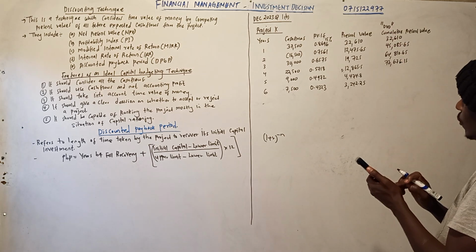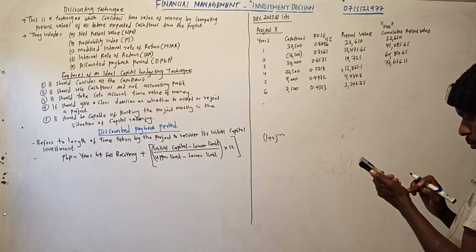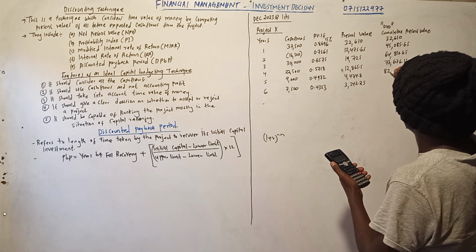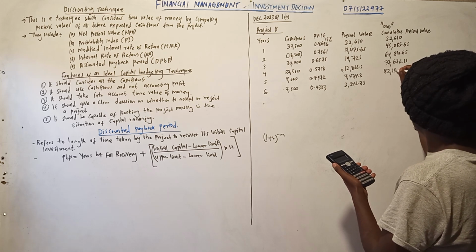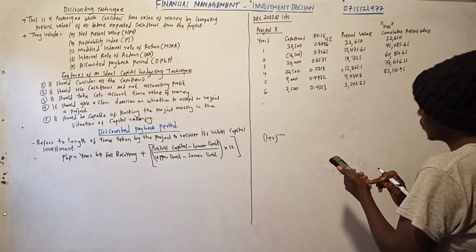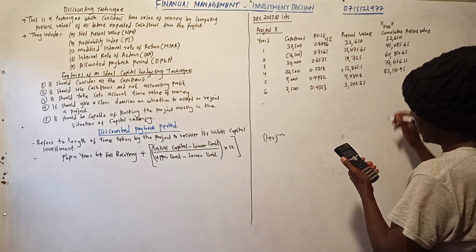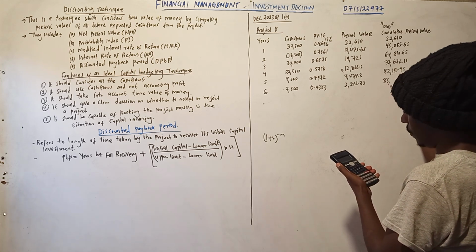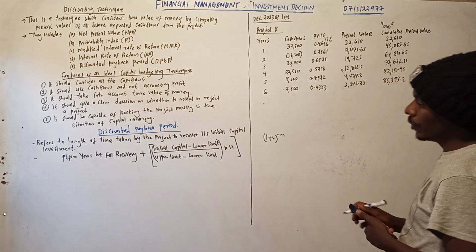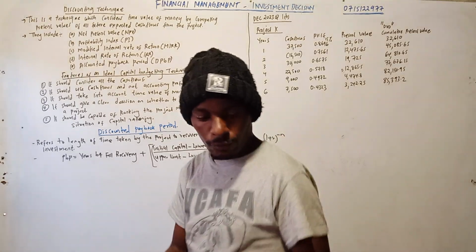Plus 4,474.8, gives us 82,150.95, plus 3,242.25, gives us 85,393.2. Now with that, we need to find the years before full recovery.